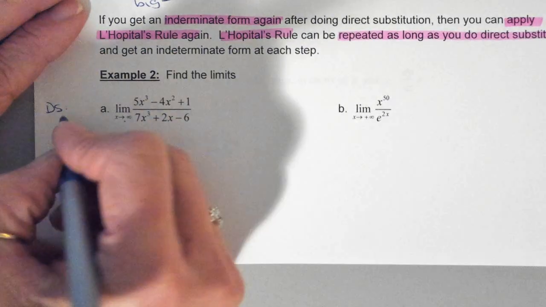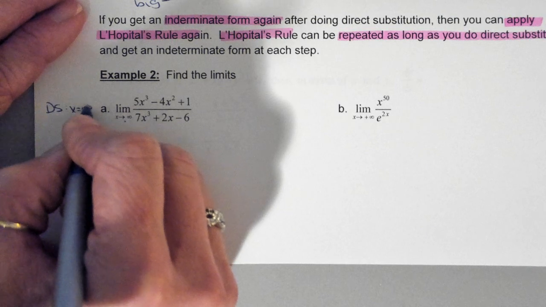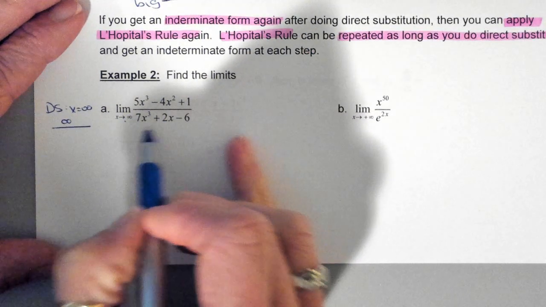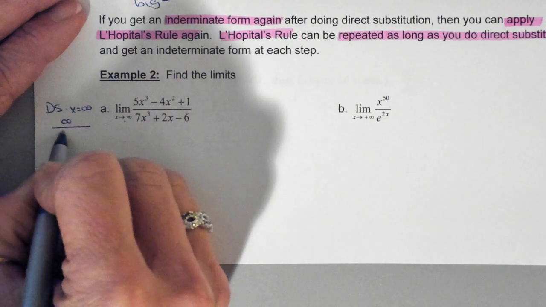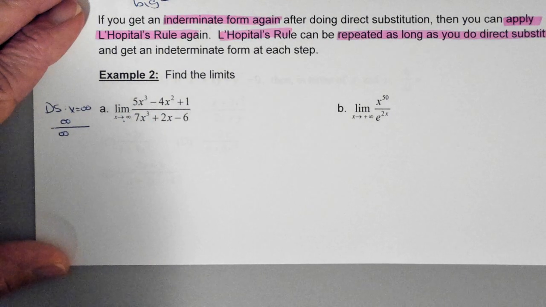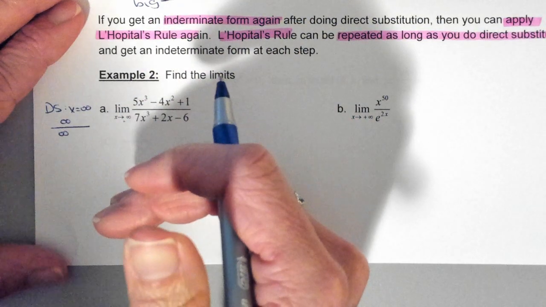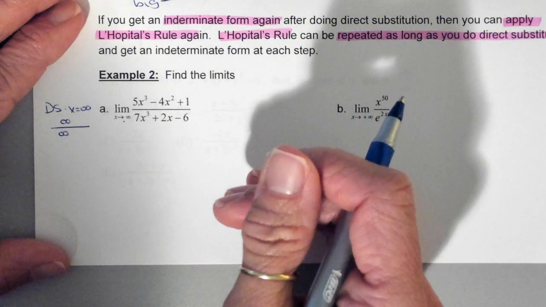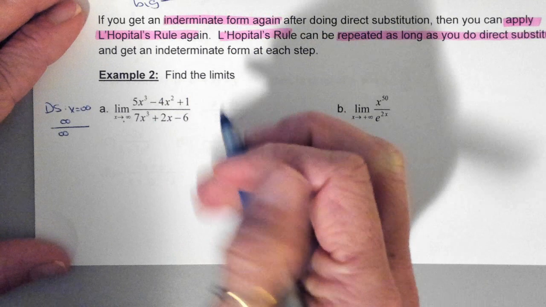So already with direct substitution, when x is equal to infinity, I've got a humongous number on the top, and then based on that pattern, you can see that on the bottom, you're still going to have infinity. Okay, yeah, I know you could probably look at it and say, fine, that's what's going to happen. But this problem, I just want to show you that there are 2 ways you can evaluate this. Some of you might already see the one way, but I'm going to show you using L'Hopital's first.